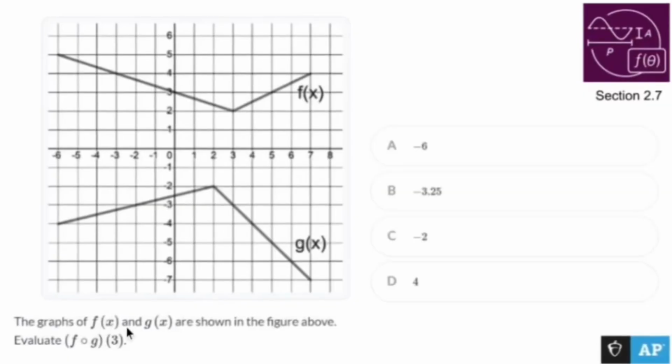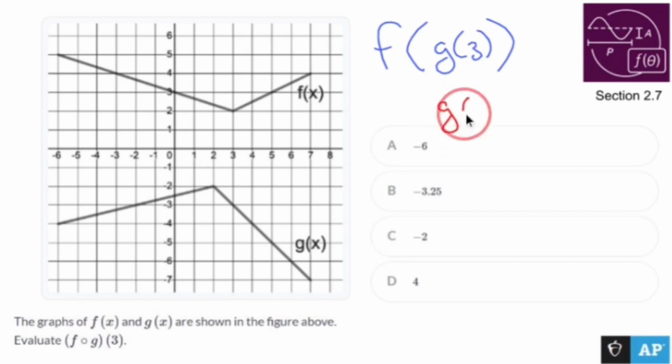The graphs of f of x and g of x are shown in the figure above. Evaluate f of g of 3. Now, this can be written as f of g of 3. So what I'm going to do is find out what g of 3 is, and then once I have a number, I can find f of whatever that is.